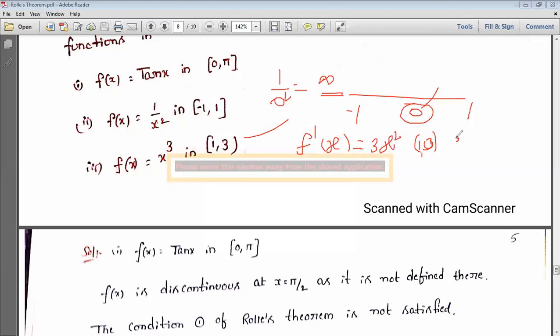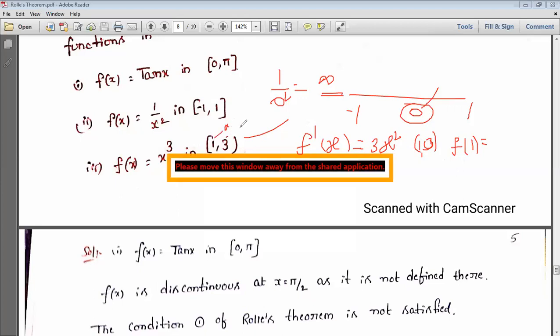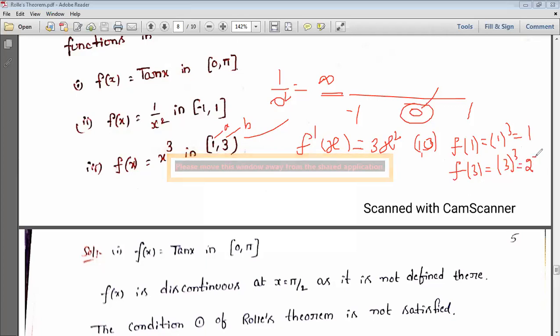And what about the third condition? F of a should be equal to f of b. Here a is 1 and b is 3. So f of 1 is 1 cube, which is 1. And f of 3 is 3 cube, so 3 into 9, which is 27.